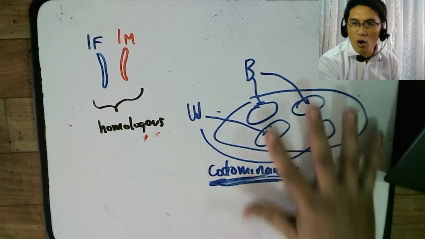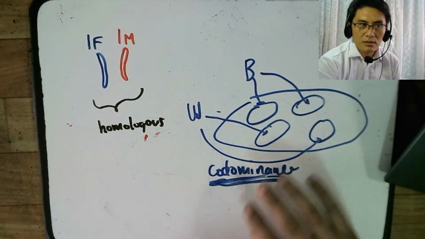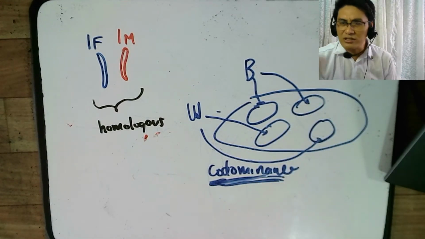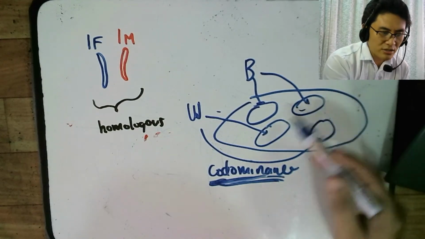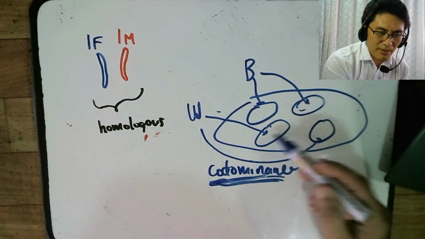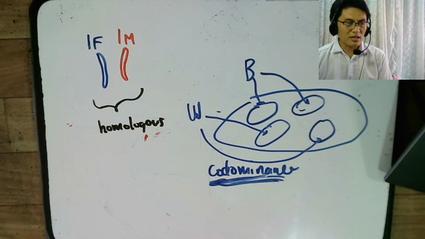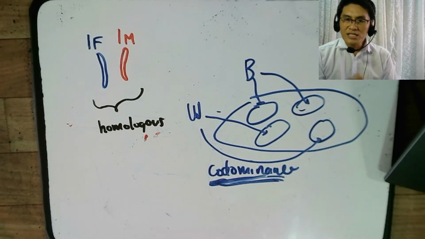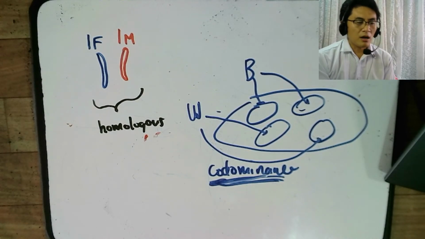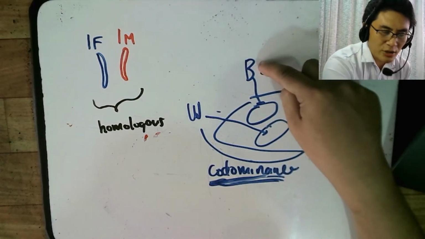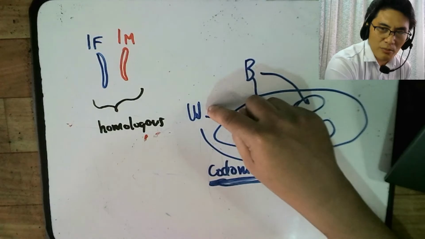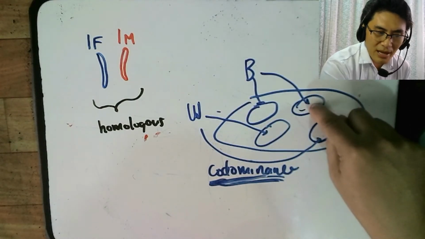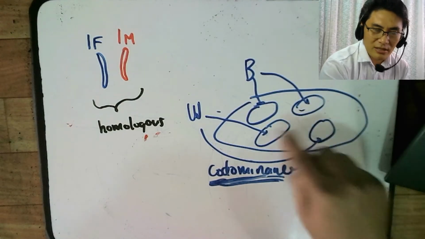So you would have a dog whose fur is in patches, where this is a black patch, this is a white patch, this is a white patch, this is a black patch. That is how you get things like Dalmatians and other animals. So that's codominance, meaning there is black dominating, and white dominating, but at certain parts.